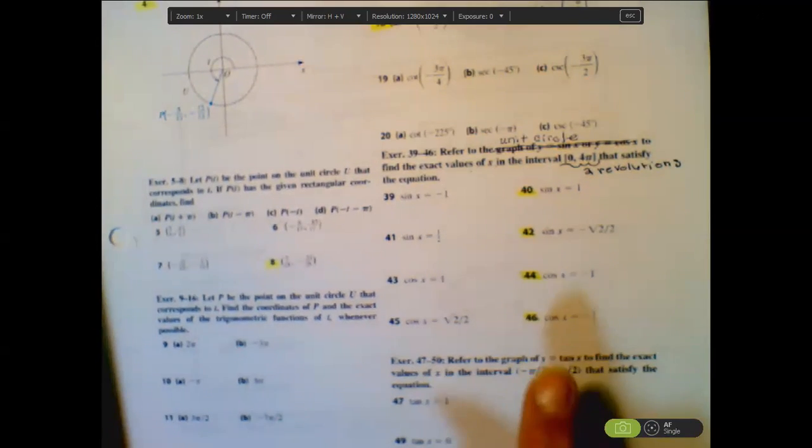All right, there's a specific reason that I want to mention. Let's see, I'm not sure if it happens on number 50 or not, but notice the directions are different for 47 through 50. It's still 2 revolutions of the unit circle, but for some crazy reason, they're giving you starting with negative pi over 2 to 3/2 pi.